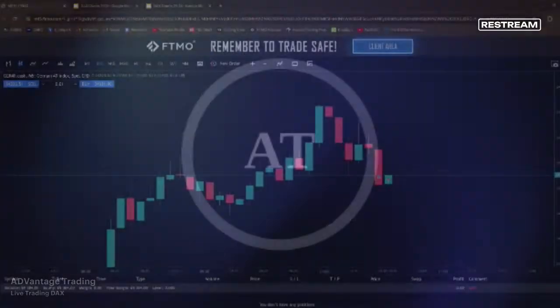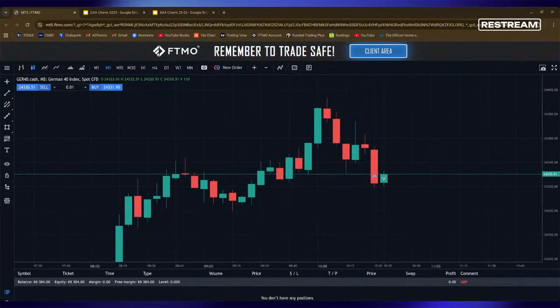Annoyingly, my screen keeps cutting out, which is extra frustrating.